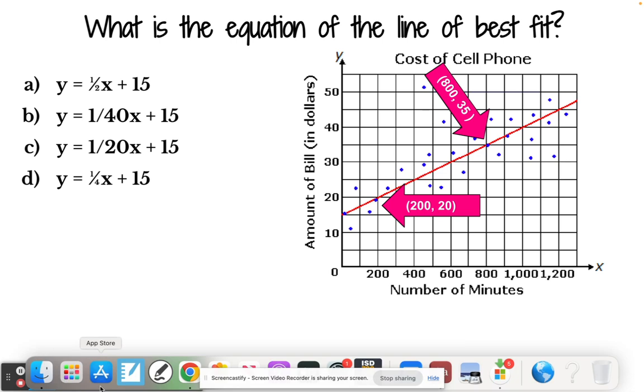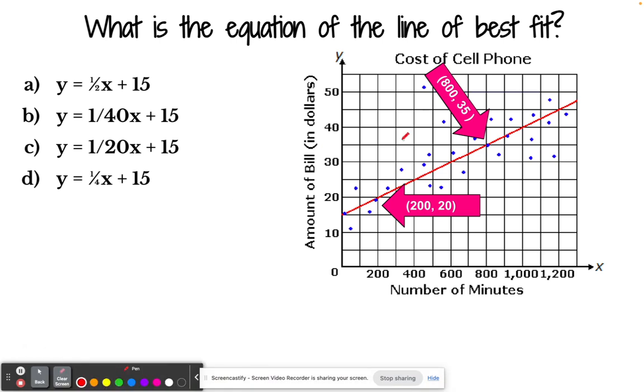So let's use our slope formula to figure this out. y1, which I'm saying is 35, minus y2, which is 20, over x1, 800, minus x2, which is 200.